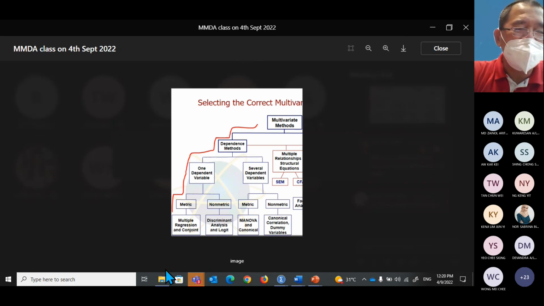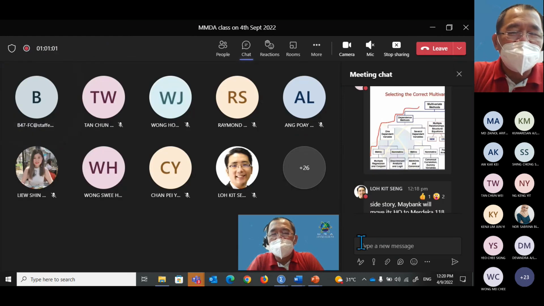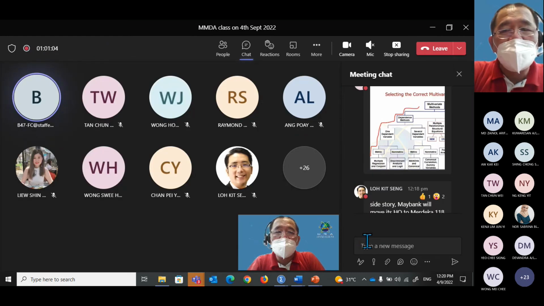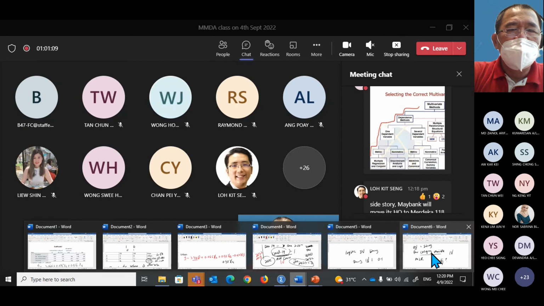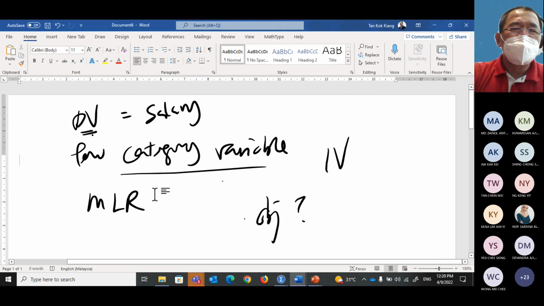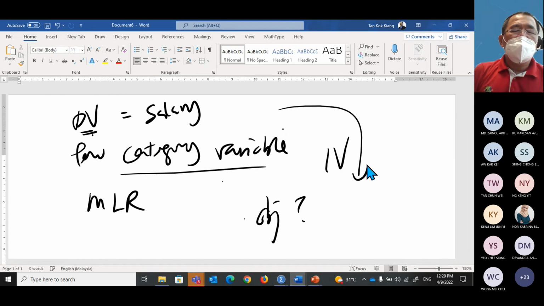If you want to do multiple linear regression, not too good, because it is not encouraged. You have to put in too many dummies. But let's say only one variable that has a few categories, still okay, but not too many variables.